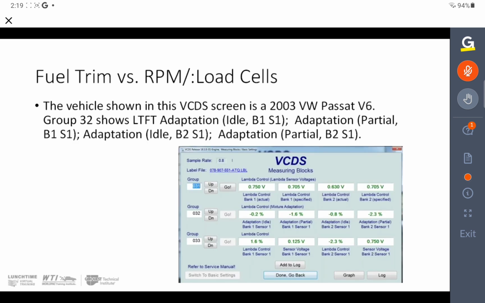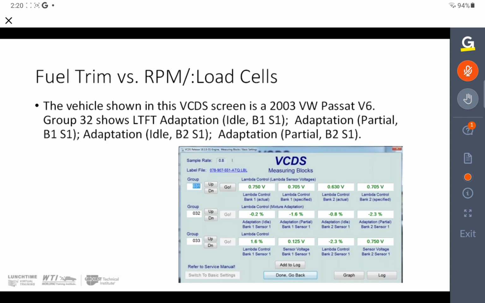This right here is showing you a similar thing, but this has to do with Volkswagen Audi. This is a VW with a V6. One of the cool things about this, and other scan tools and other manufacturers do this, but they do it pretty good as far as grouping these things. So you have 3 different groups that are being shown: Group 31, Group 32, and Group 33. And within each one of these groups, they'll actually group different data PIDs together, which makes it easier for you to diagnose.